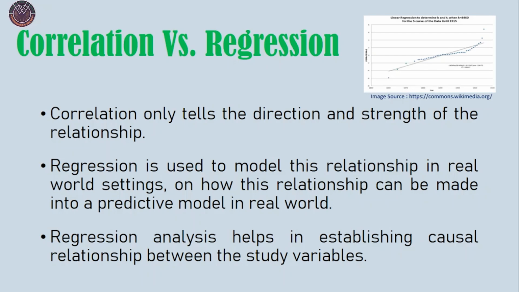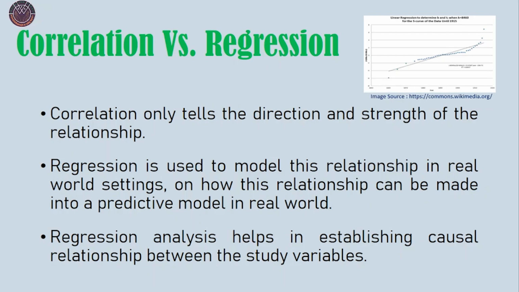But by performing regression analysis, we can establish some causal relationship. That means you can see if there is a relationship of something called independent and dependent variable. That means if there are certain variables which are affecting the dependent variable, we can get a causal relationship. Basically, the basic statistics behind regression is also correlation.